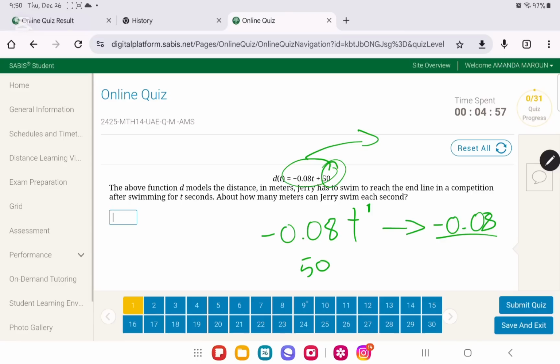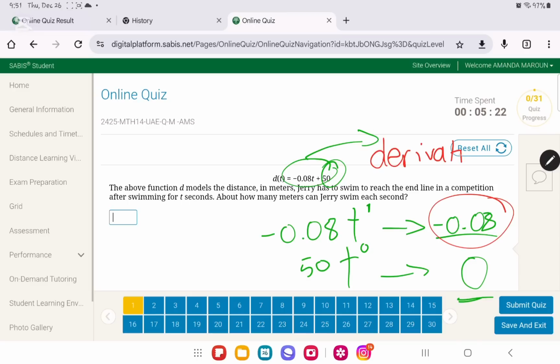50, however, it is, let us say, t to the power of 0, because anything to the power of 0 is 1. Now, finding its derivative, it's going to be 50 times 0 multiplied by t to the power of 0 minus 1. But anything times 0 is 0, so very simply, it is 0. And we get that the derivative is minus 0.08.